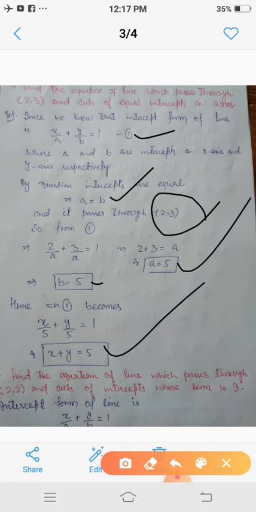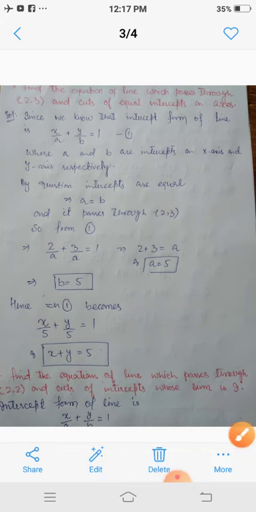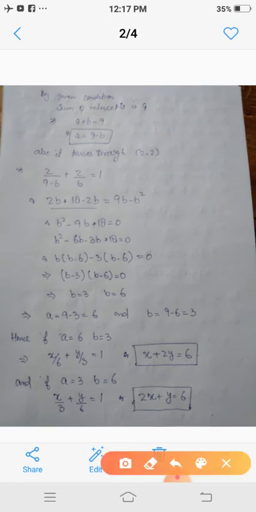So here again we will use the intercept form, x upon a plus y upon b is 1, but here the sum of the intercepts is 9, which implies that a plus b is 9, or simply a equals 9 minus b. It passes through point (2, 2), which implies that x equals 2, y equals 2 should satisfy the first equation.